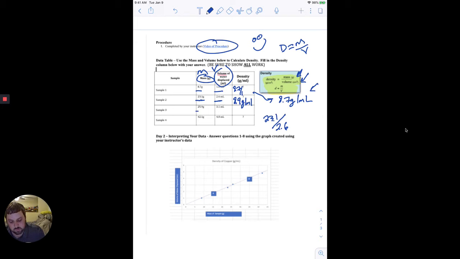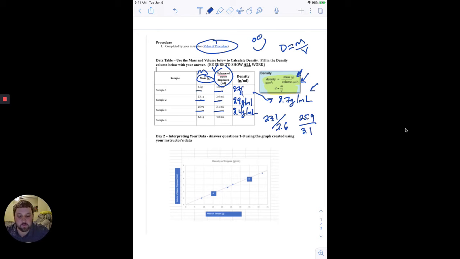Let's continue this. 25.9 divided by 3.1. I'll just write that off to the side so we can see the math that I'm doing. But again, I'm going to plug that into my calculator, and I'm going to get 8.35. We can round that up to 8.4, and again, grams per milliliter.